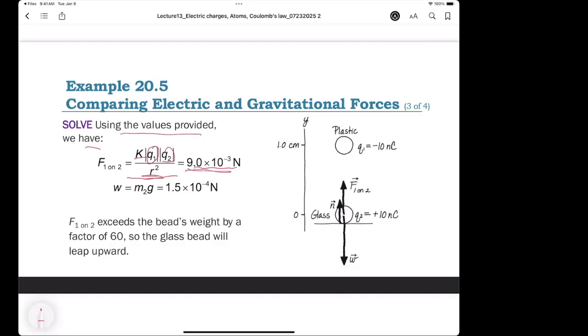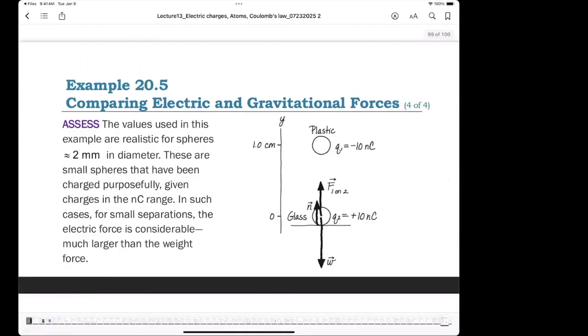So this is the electric force, and this is the gravity force. Which means F1 on 2 is greater than the gravity force, exceeding the bead's weight by a factor of 16. So the glass bead will leap upward.